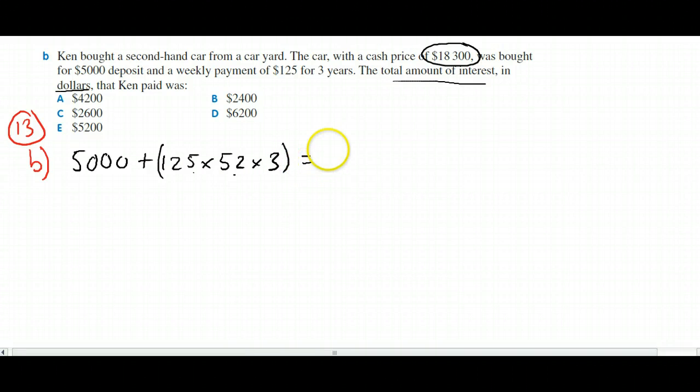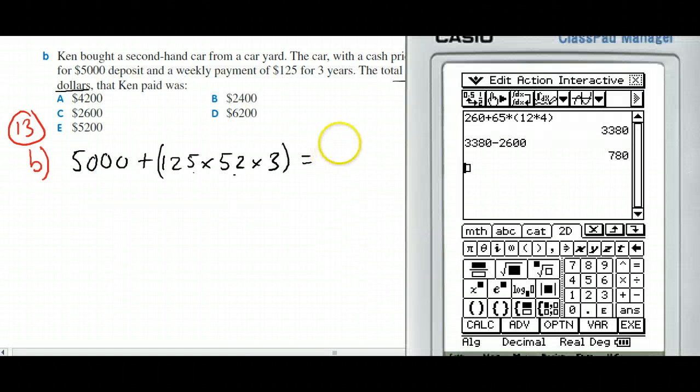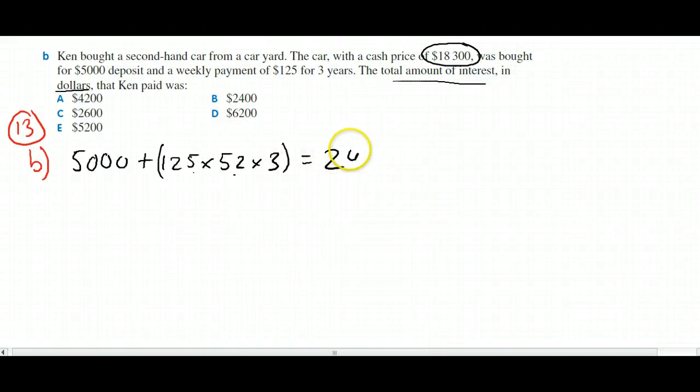So let's work out how much that was. 5,000 plus 125 times 52 times 3, 24,500. So that's how much Ken actually had to pay.